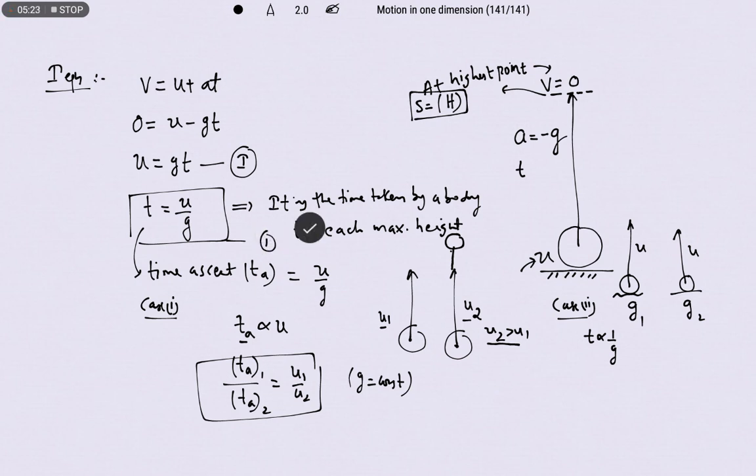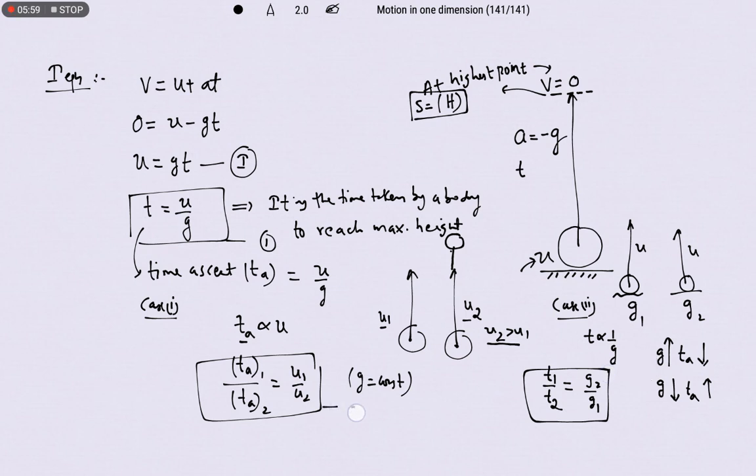Therefore, if the acceleration due to gravity is more, the time of ascent will be less, and if g is less, the time of ascent will be more. That is the relation between time of ascent and acceleration due to gravity at a particular place. Therefore we can write t1 by t2 equals g2 by g1.